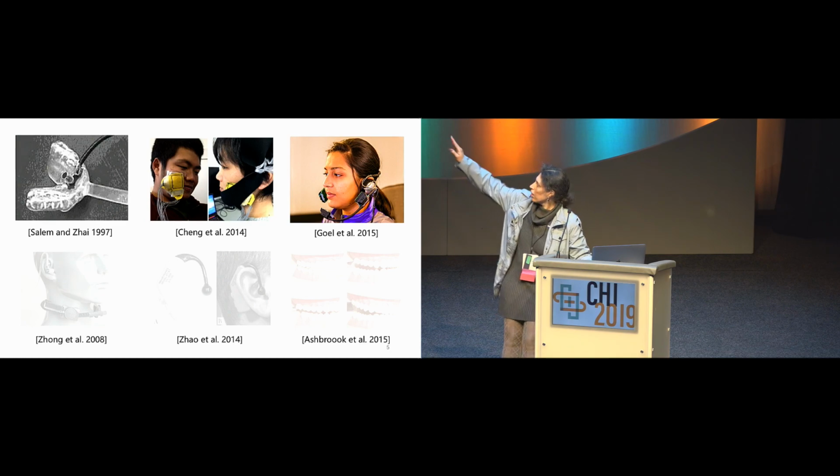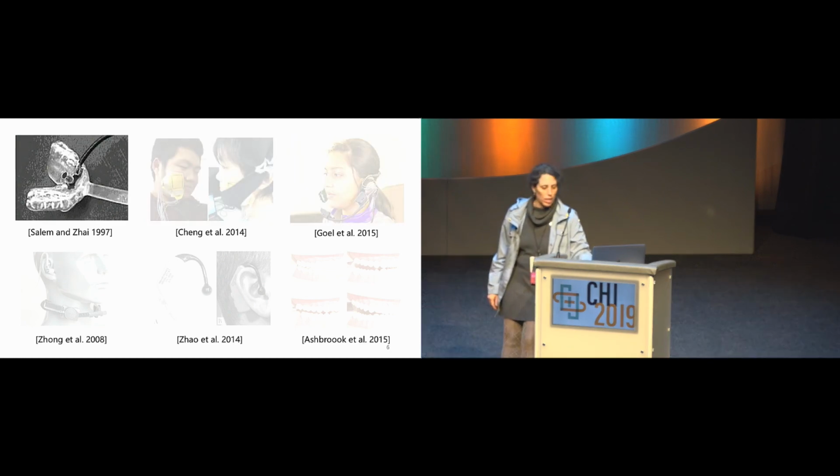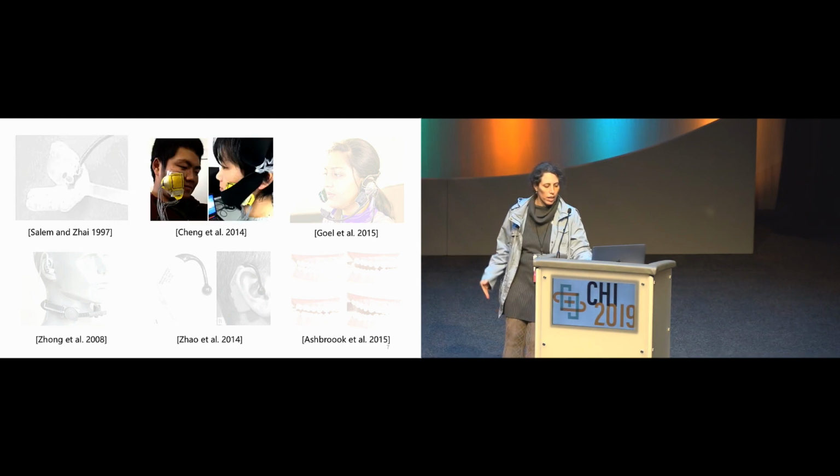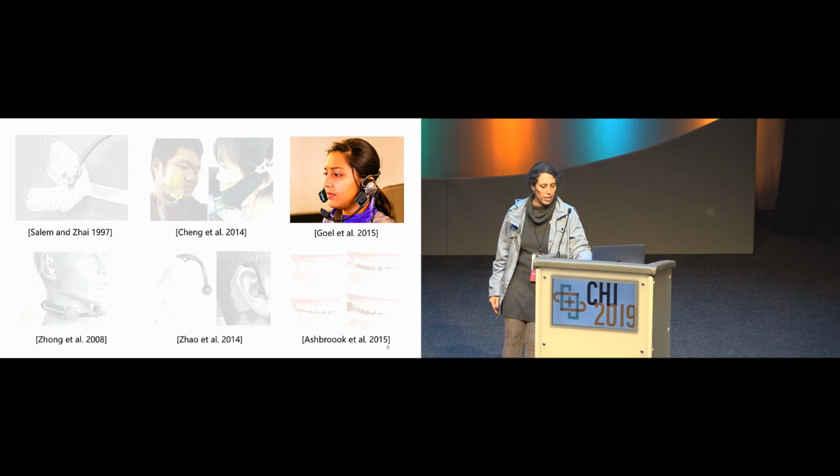So in particular, on the left is a joystick that you can control with your tongue. Here we can detect whether the user is applying pressure to their cheek using the tongue. And in this example, again, it's measuring the changes in the shape of the face caused by the tongue touching it from the inside.